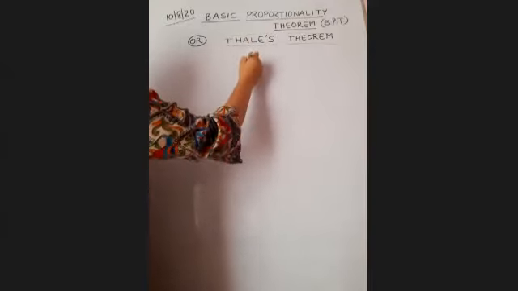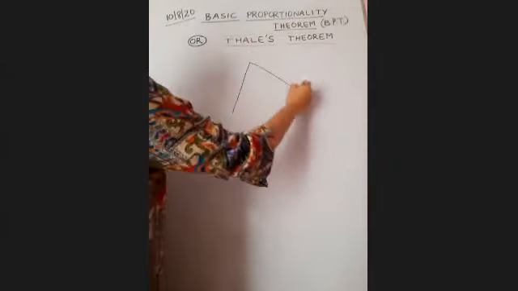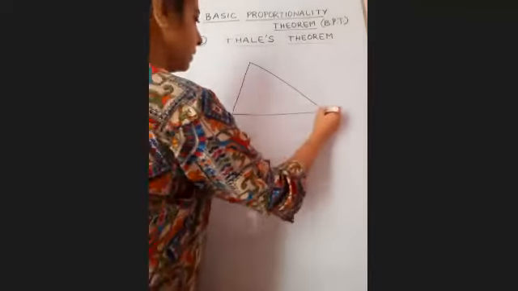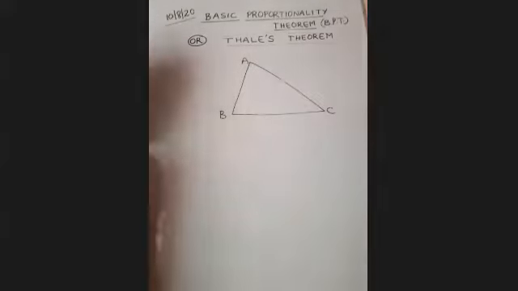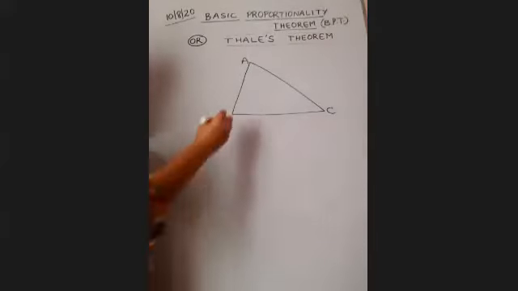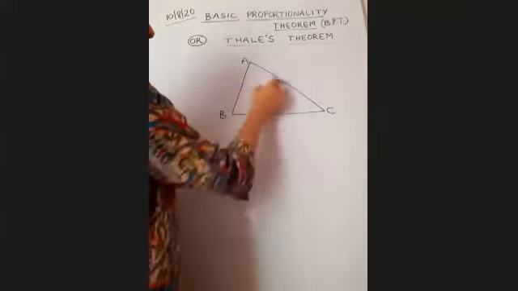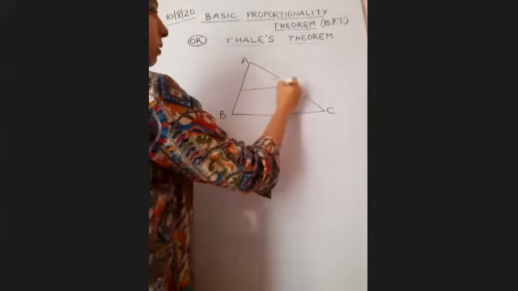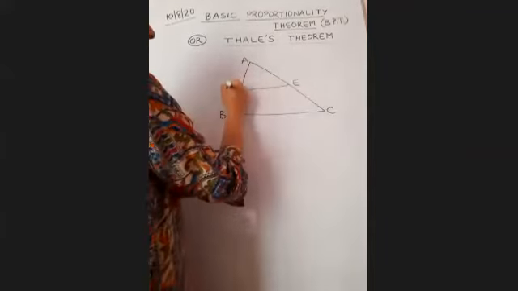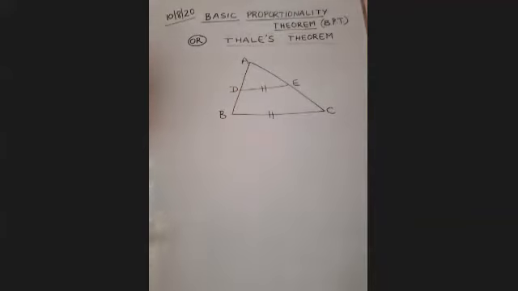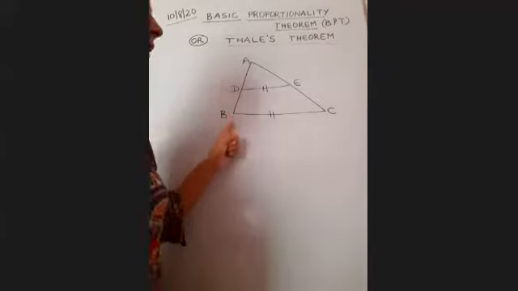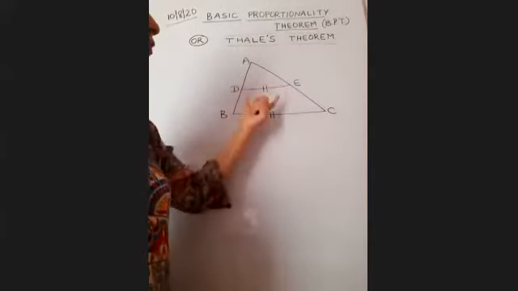It says if you have a triangle, let us call it ABC, and a line segment anywhere you may draw, and if you have a line segment which is parallel to the base, I'm again repeating. We started with the triangle ABC and we took a line segment DE.